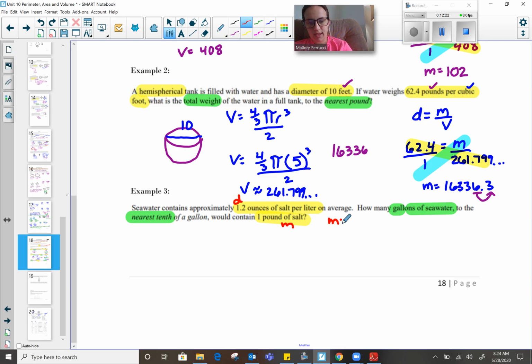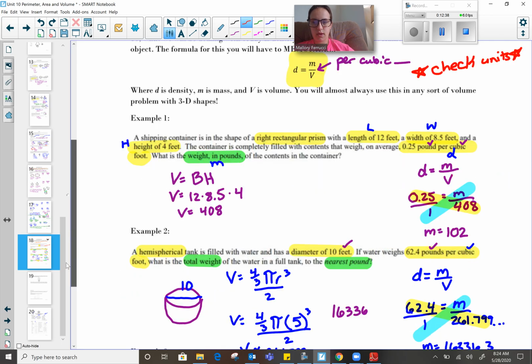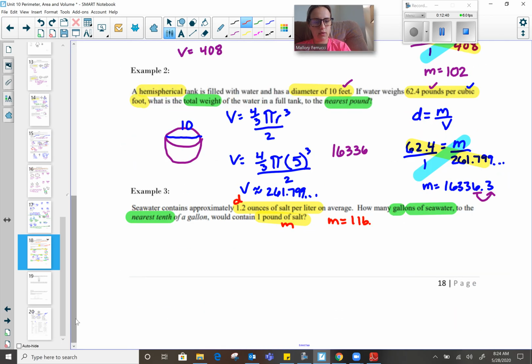For my mass, it's 1 pound. To convert it to ounces, we can go to our reference sheet. 1 pound is 16 ounces. That was nice and easy. So this equals 16 ounces. That's a check there.